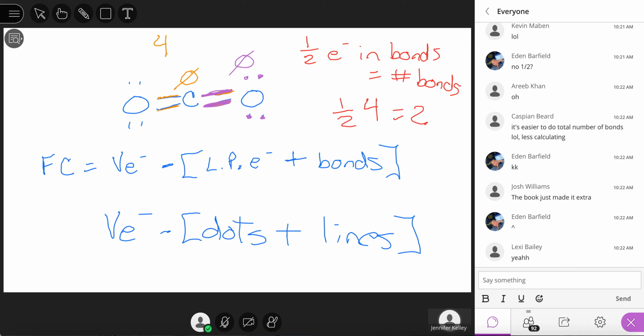So that's 0. And since the other one's identical to the oxygen we just calculated, that's also 0. Okay, so you can do the formula. This is probably a little easier than the formula. Just remember, you add the dots and you add the lines, and you take the valence electrons and just subtract them from there.